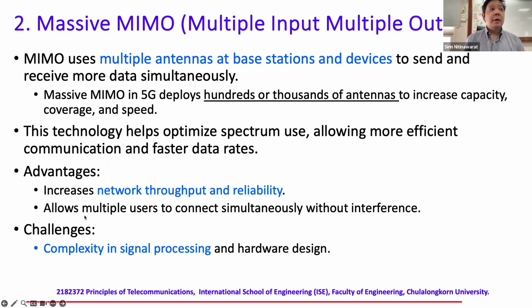And also because you have multiple antennas, right, you can use it to multiplex across multiple users to reduce their interference, okay, allowing more and more users to share the network.